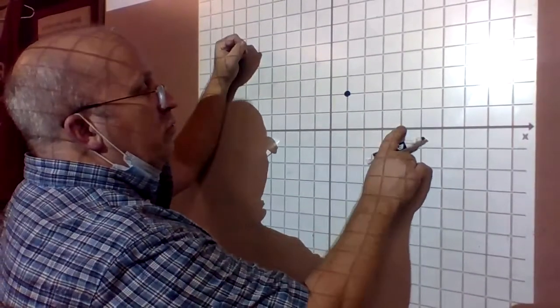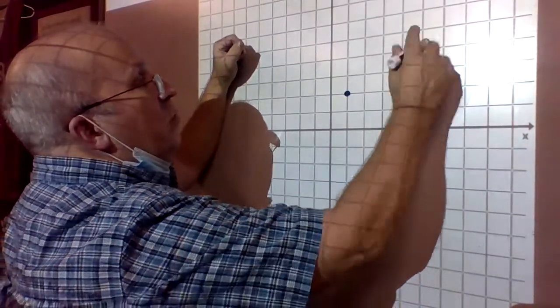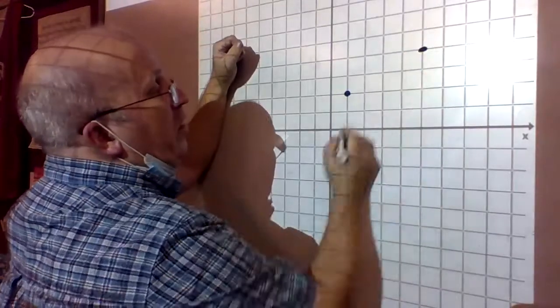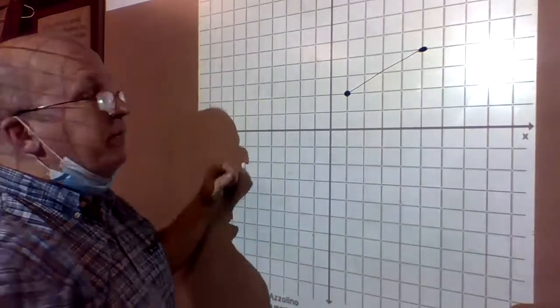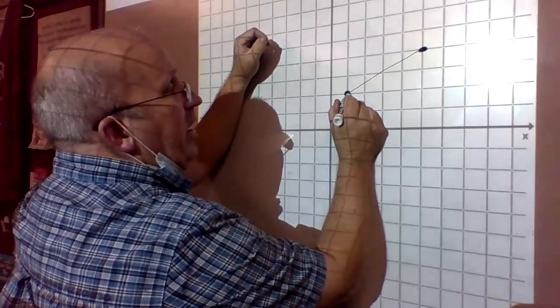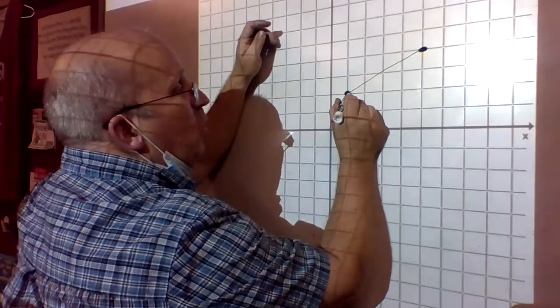1, 2, 3, 4, 5. 1, 2, 3, 4. How far away are these two dots if we're traveling like that, right? So first thing I do is I think about how can I make a right triangle?